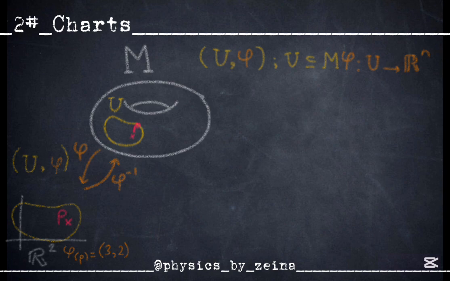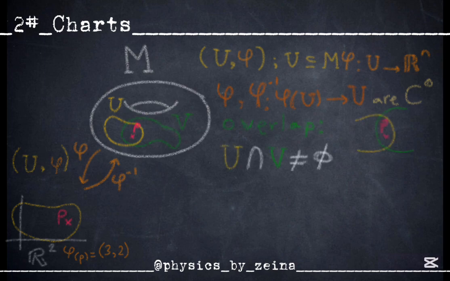Phi, which takes the elements of U and maps them into R^n, is the homeomorphism, where phi and inverse phi are both continuous. And in case of overlapping, where the intersection between U and V is not empty, we can consider several chart maps.